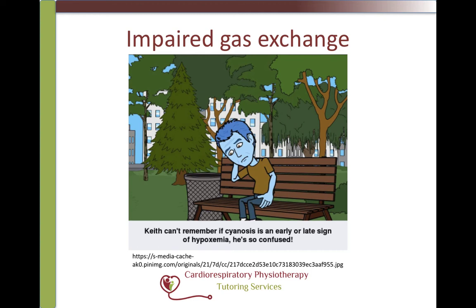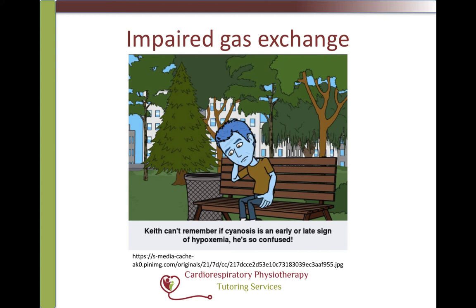You can get impaired gas exchange occurring when there is an imbalance between oxygen consumption and oxygen delivery as well. So if you have sepsis, fever, trauma, burns, anemia, low cardiac output, or in times of exercise, you may have more oxygen being consumed than actually can be delivered to the tissues.